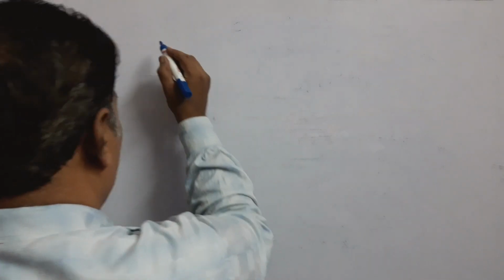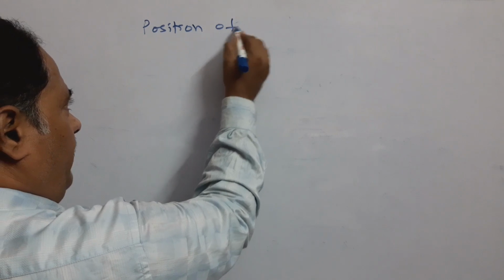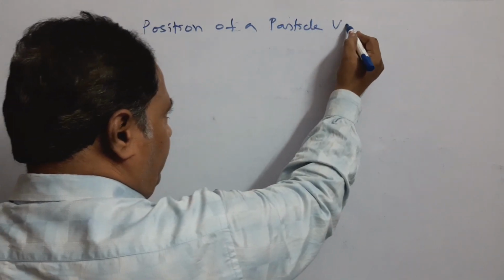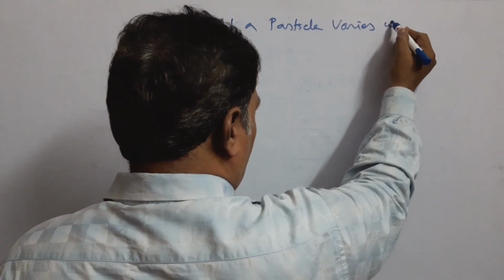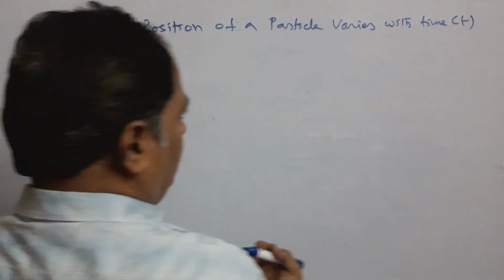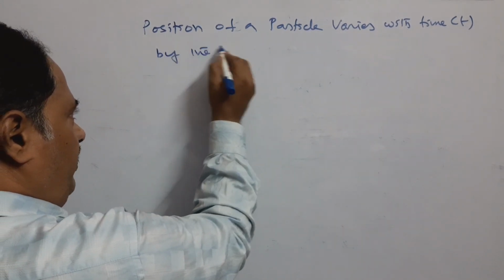Now, the position of a particle varies with time by the following equation.